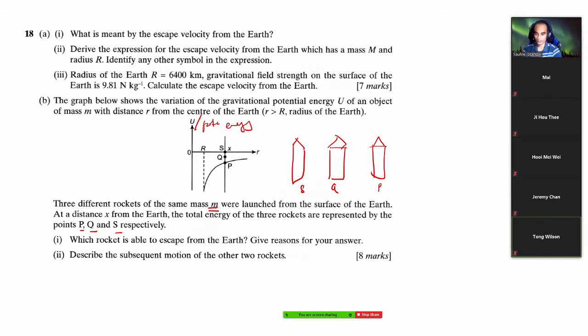Which rocket will be able to escape from the Earth by looking at the graph of potential energy over here? Tony? Mel?